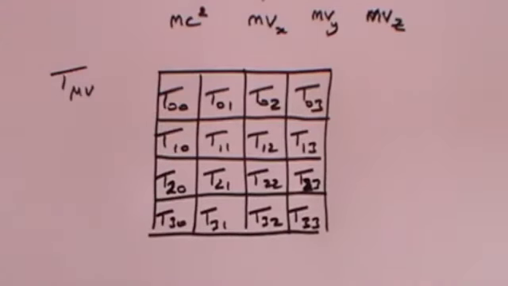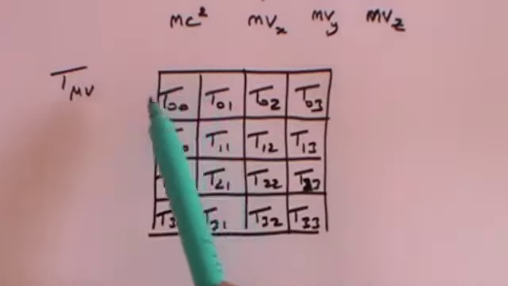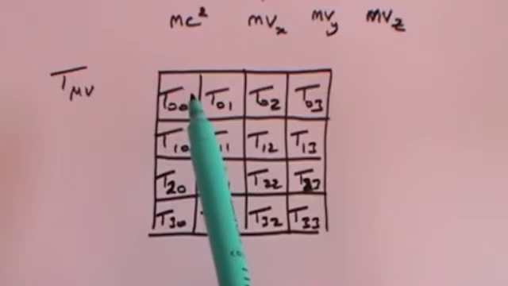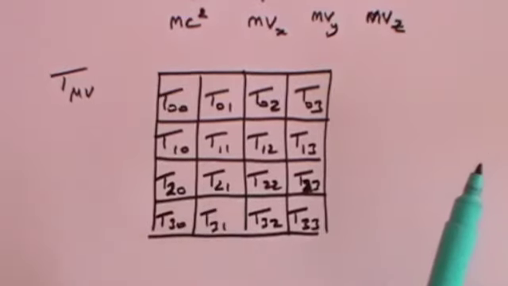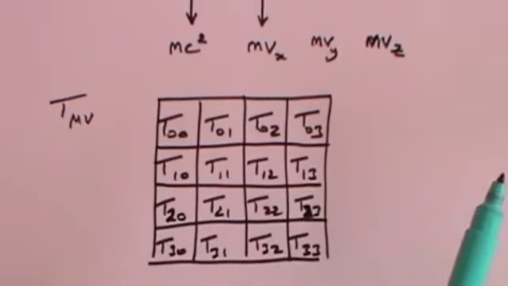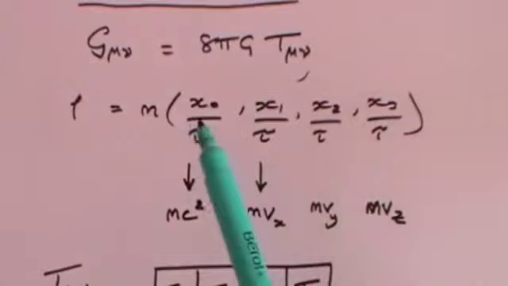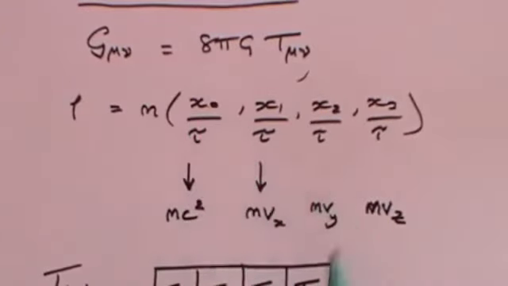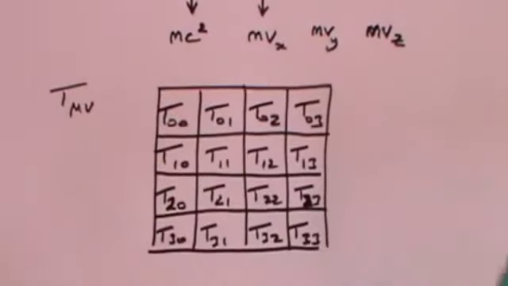And there it is. You will see that T has all the values of mu and nu from 0 to 3. And what do all these values mean? Well, the top one, T00, is the time component of the stress-energy-momentum tensor, and that is the energy part of the tensor.